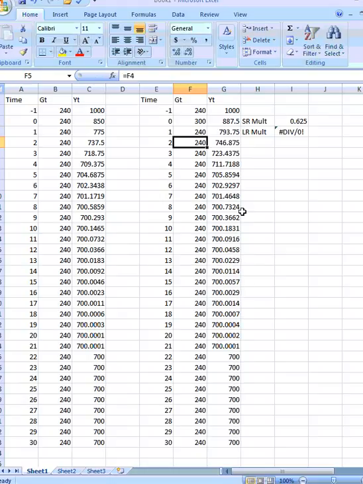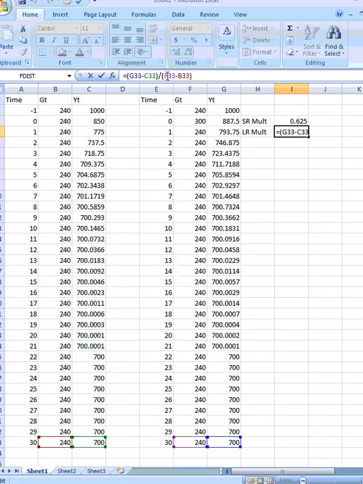If we do a temporary change so that this number goes back to 240, you end up with the multiplier is undefined because the change in G is undefined, so this really should be here F4, F3 minus B3.